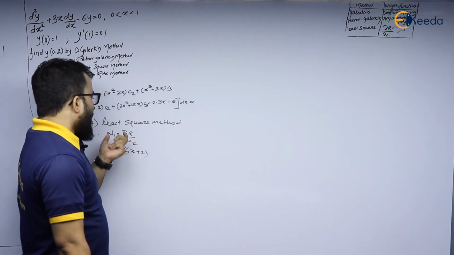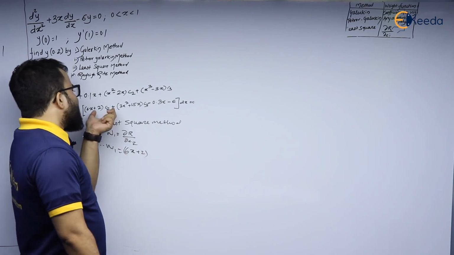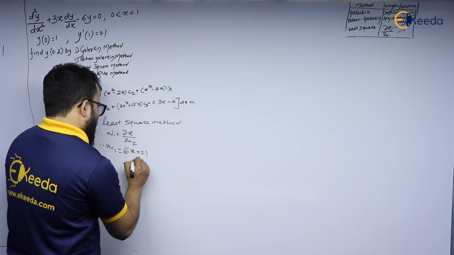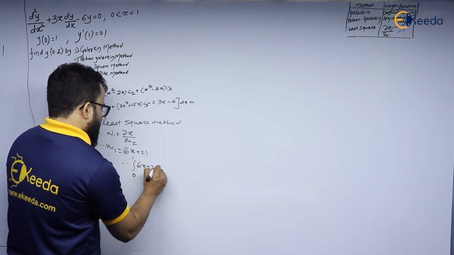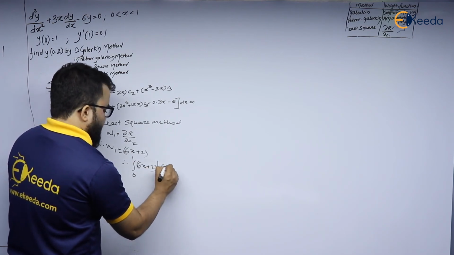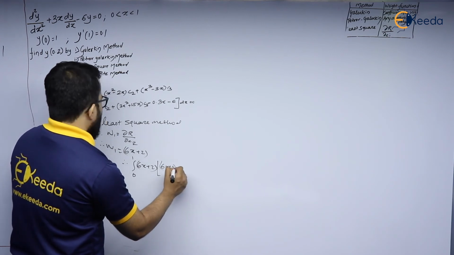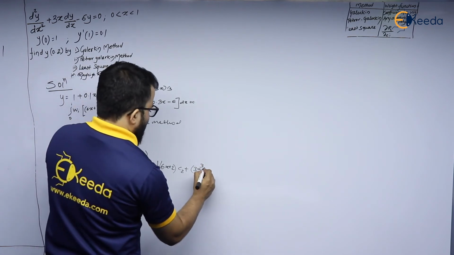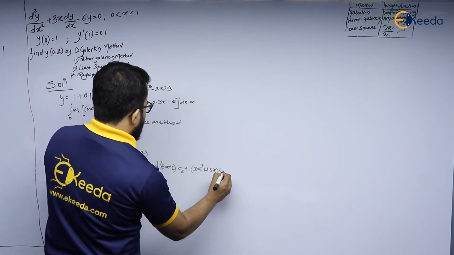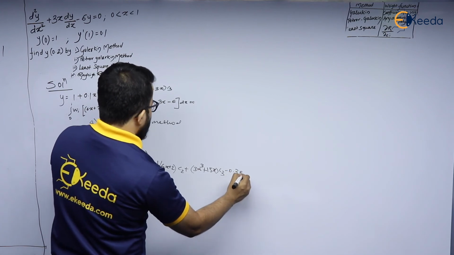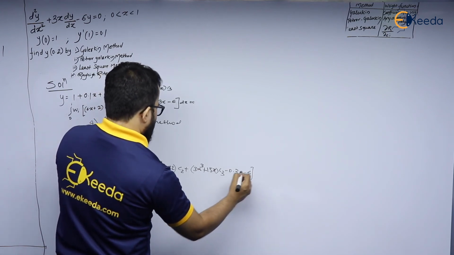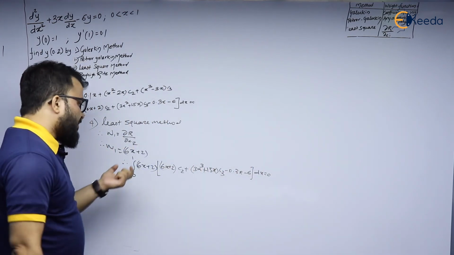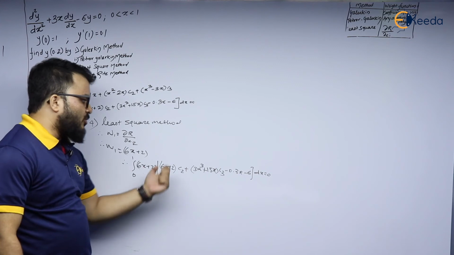Now I will put this W1 in this residue equation. Therefore I will get the integral from 0 to 1 of (6x plus 2) into ((6x plus 2) C2 plus (3x cube plus 15x) C3 minus 0.3x minus 6) dx is equal to 0. Now I will multiply this (6x plus 2) throughout this bracket.